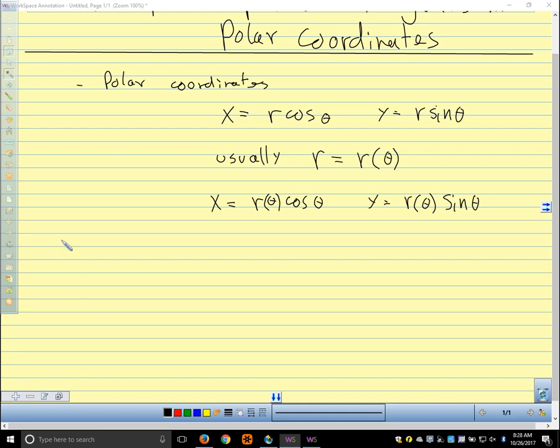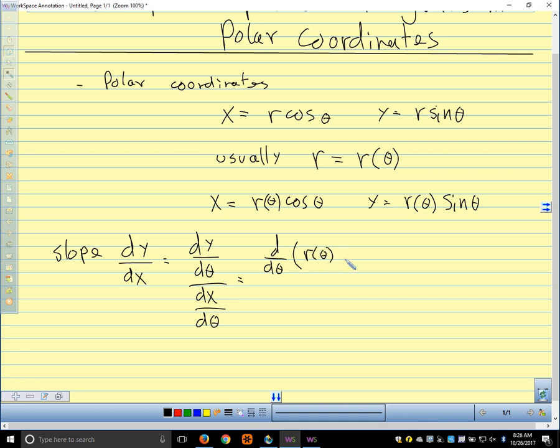So our slope, dy dx, we decided was dy d theta over dx d theta. And we're going to do this operation with these sets of parametric equations. So we're going to take the derivative with respect to theta of r of theta sine theta over the derivative with respect to theta of r of theta cosine theta.